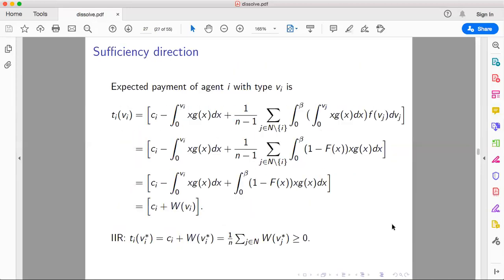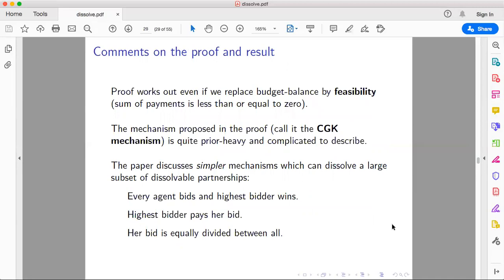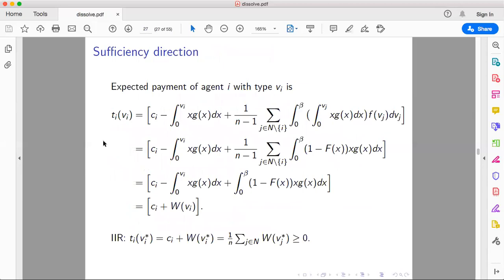Let me give some comments about the proof. One thing that you must note is that the proof works out even if we replace budget balance by the fact that the sum of payments has to be less than or equal to 0. Of course, the sufficiency direction is not a problem because the mechanism that we construct is already budget balanced.